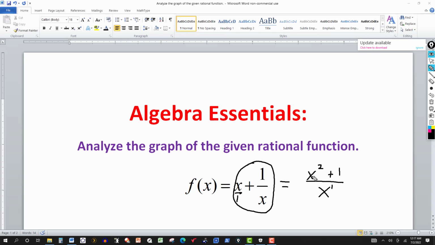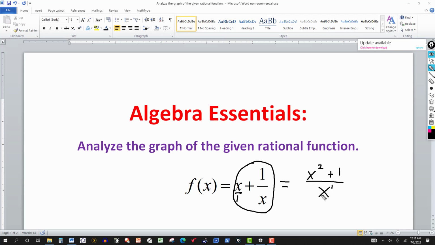So what else do we do? When analyzing the graph, I mentioned last time, we always plot the numbers that make the numerator 0 on a number line, because those lead to the x-intercepts. We always plot the numbers that make the denominator 0 because those lead to the vertical asymptotes.